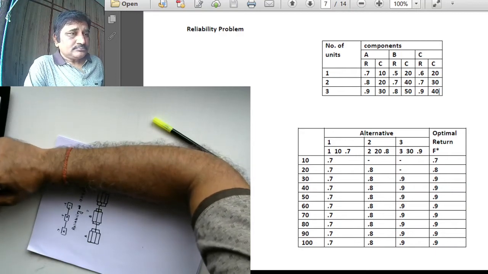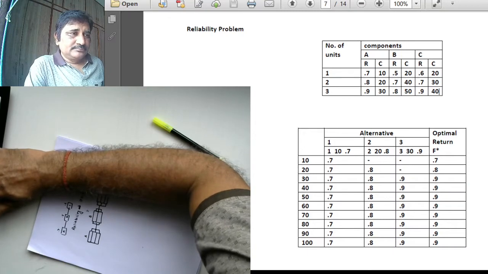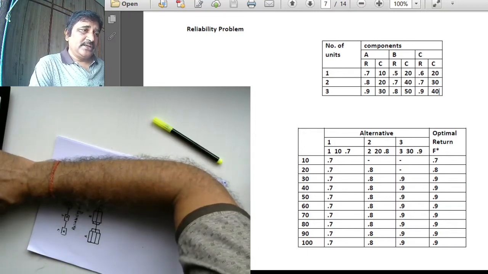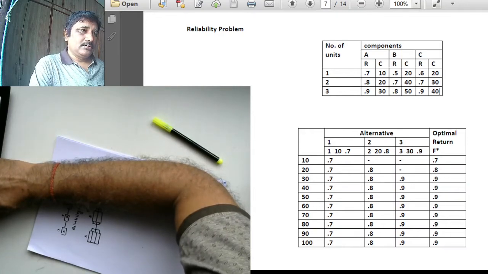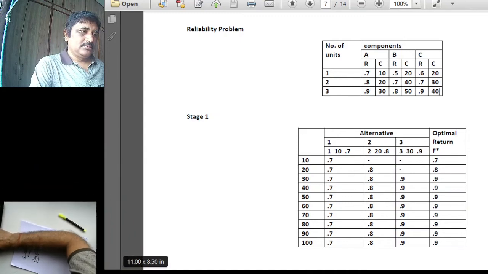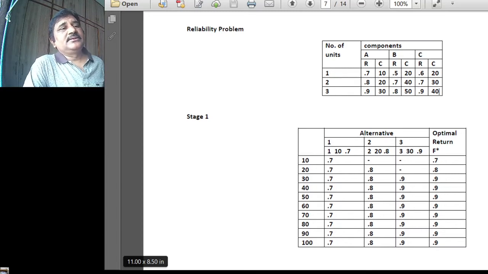So we will now be seeing how this is handled by dynamic programming. In stage one, I'll be considering only item A in the design of the circuit.